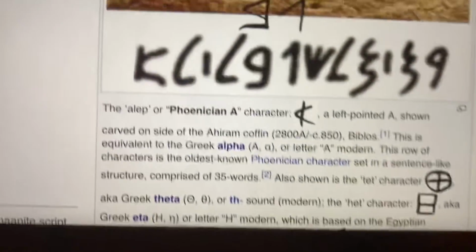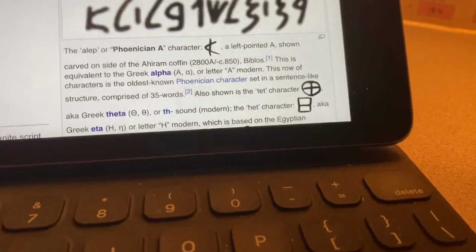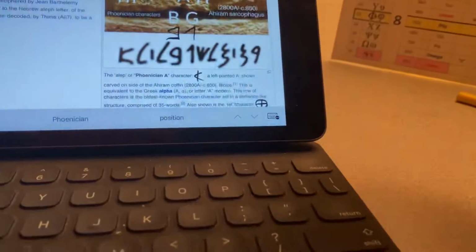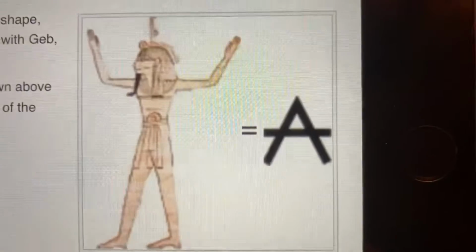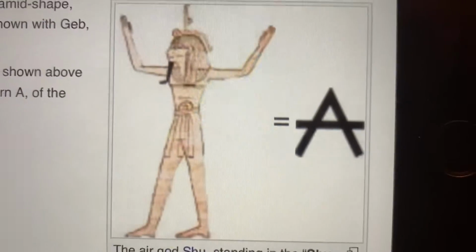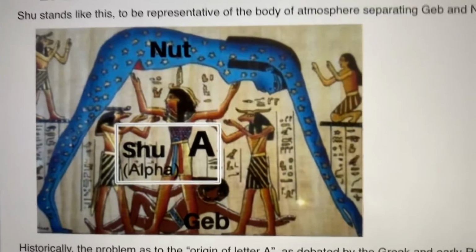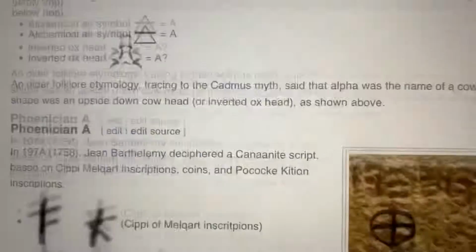And the shape of the letter A comes from what's called the Shu position. And that is Shu shown in a pyramid stance with his arms raised. Here he is separating Geb and Nut, or alpha, beta, gamma configuration.